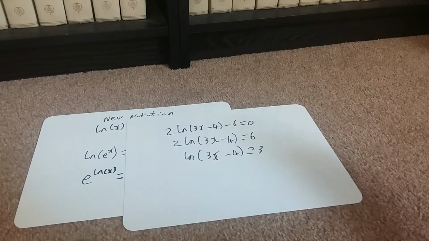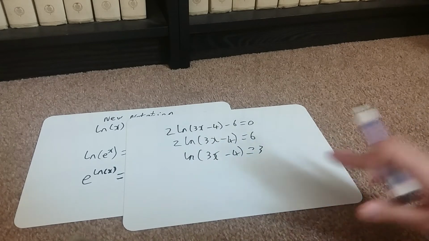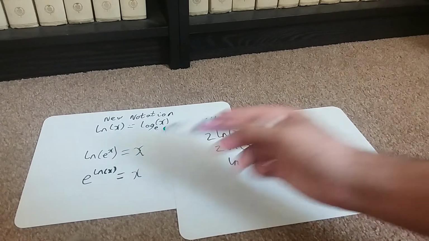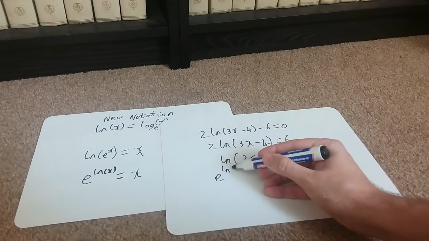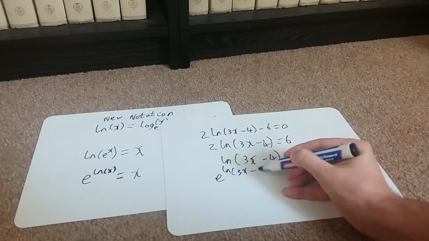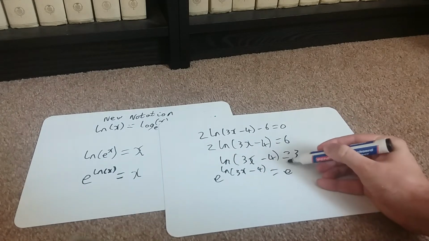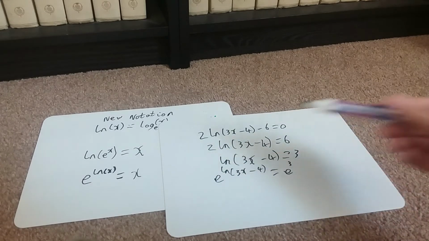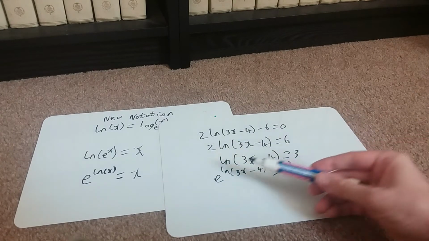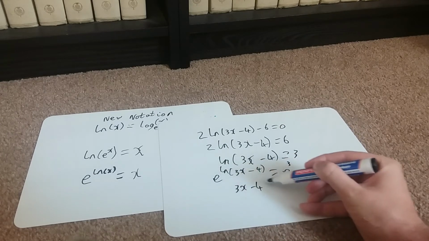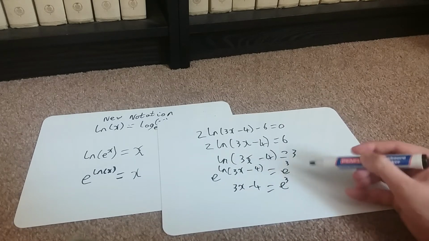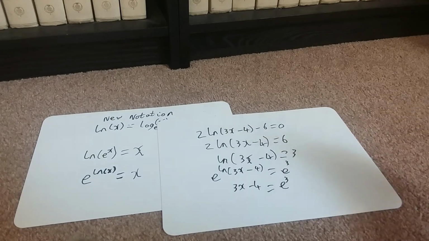Right, now we're at the step where we've got log of something equals a number. We're going to use this rule here. If we take e to the power of both sides, well, if we do the same thing to both sides of an equation, then it should still be equal. So e to the power of the left-hand side equals e to the power of the right-hand side. However, we know that these cancel. And so the left-hand side is 3x minus 4, and this side's e to the 3. Now this is just a number, it's about 2.7 to the power of 3, but we're going to leave it in exact form again.